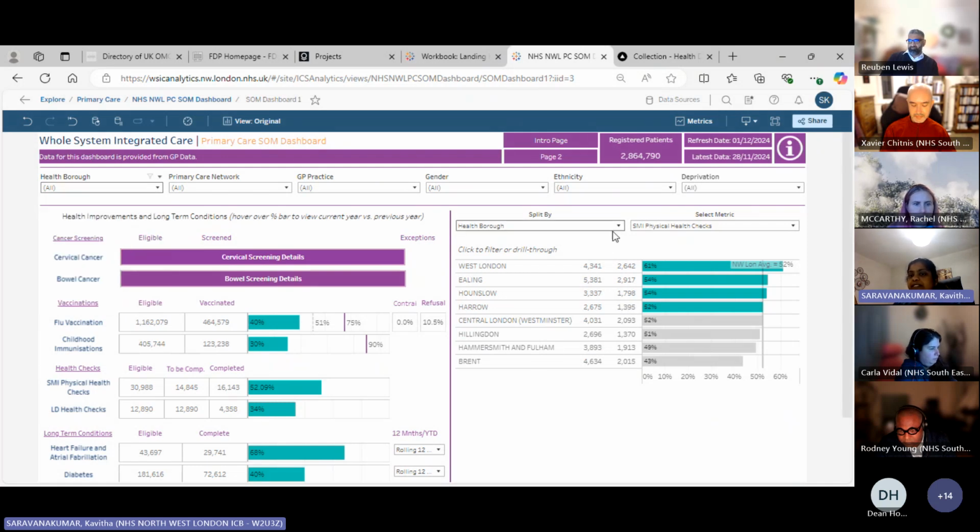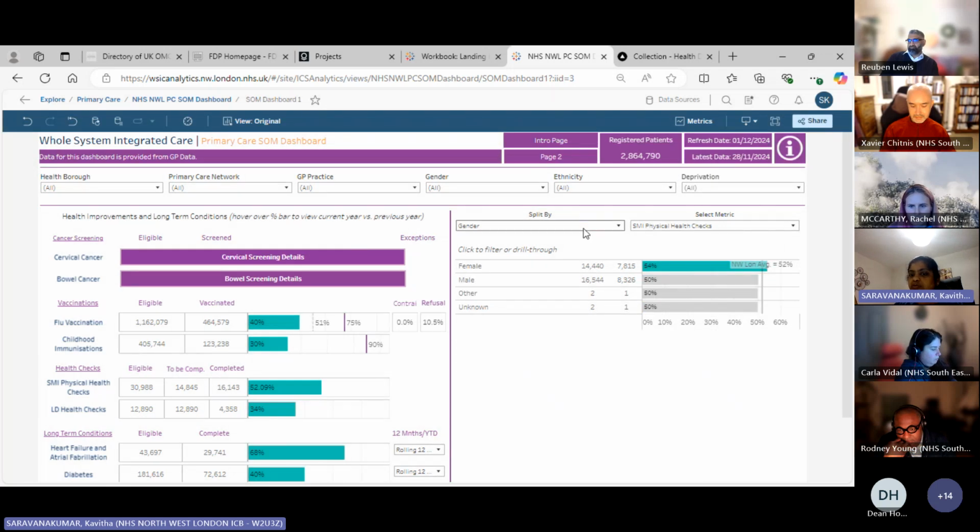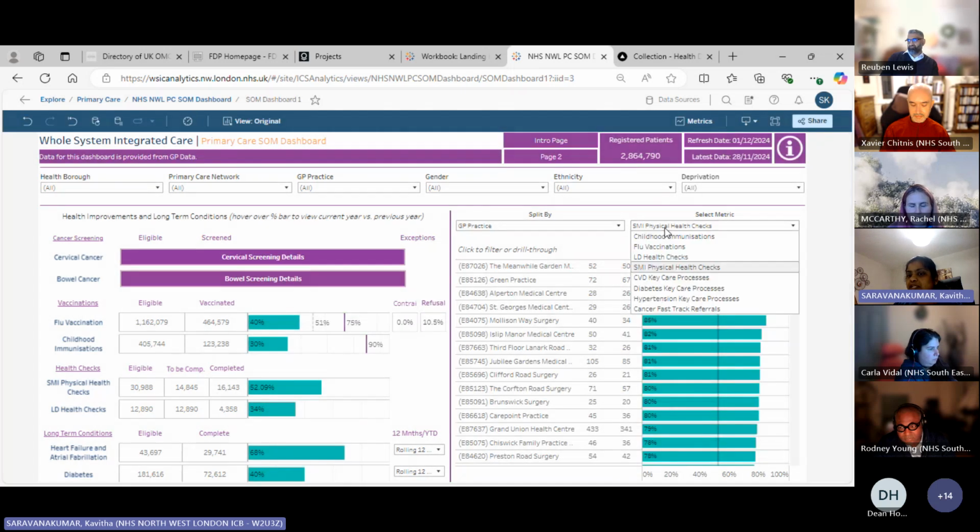On the right-hand side here, there's an ability to again go and look at any particular criteria, whether you want to look at gender or PCN or practice, anything you can pick, and you can compare a certain metric.